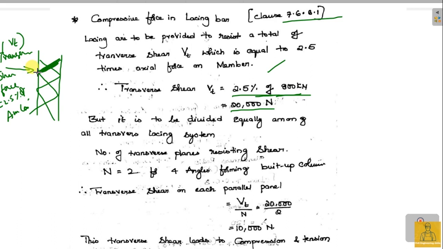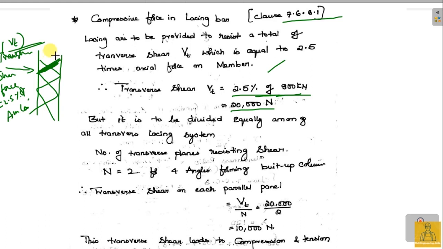We have seen in the previous video that because of this Vt, some lacing bars are subjected to compressive force and some to tensile force. The tensile strength of these bars is more than sufficient. But because of the compressive forces, these lacing bars can buckle.